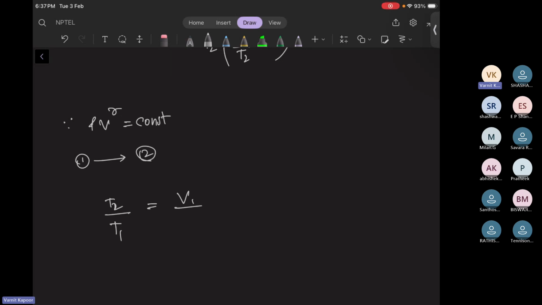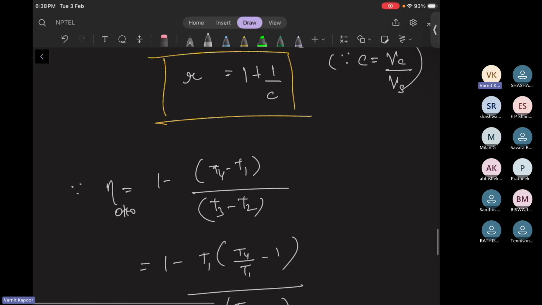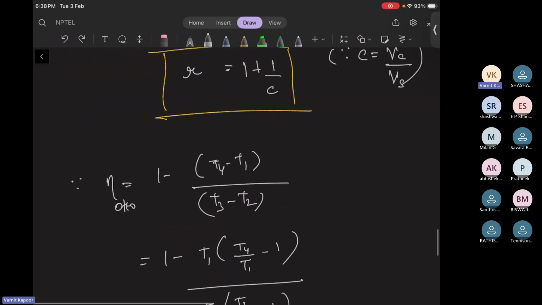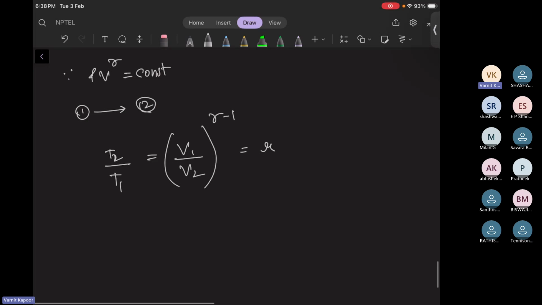So T2 by T1 is equal to V1 by V2 to the power of gamma minus 1. And V1 by V2 is basically your compression ratio only, as we just wrote. So it can be written as r to the power of gamma minus 1.